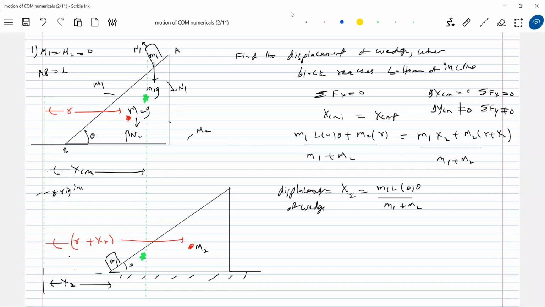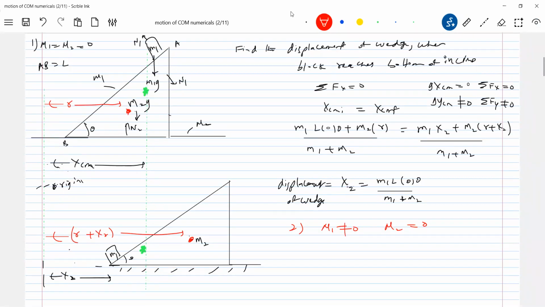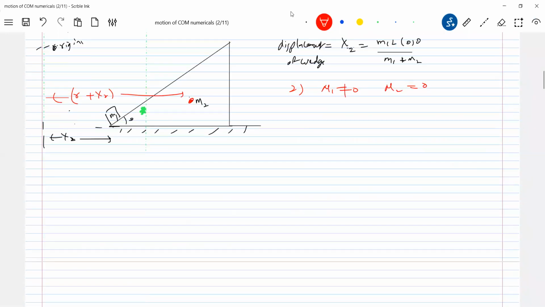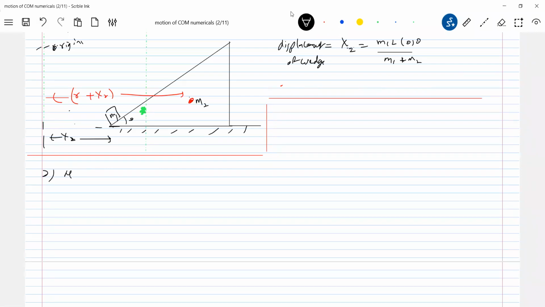Okay, this is about when both are smooth. I'll make the inclined plane rough and the ground let it be smooth. Any change in the answer? Second situation, mu1 non-zero, mu2 0.